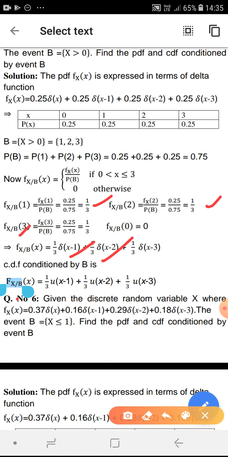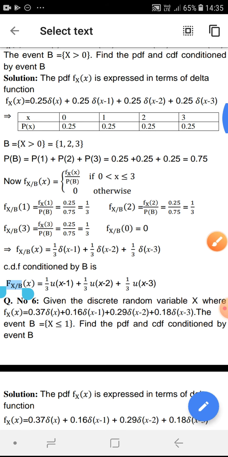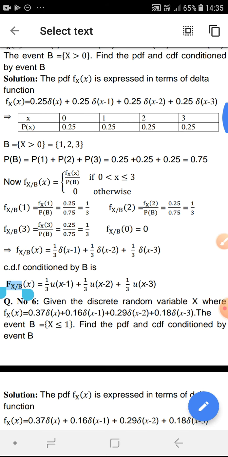For x is equal to 3 it is 1 by 3, so plus 1 by 3 into delta of x minus 3. So we get the conditioned probability density function f suffix x slash b of x equal to 1 by 3 into delta of x minus 1 plus 1 by 3 into delta of x minus 2 plus 1 by 3 into delta of x minus 3.